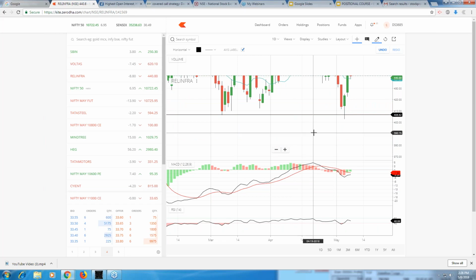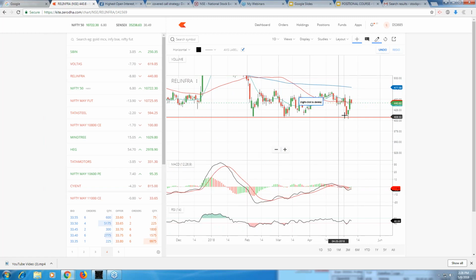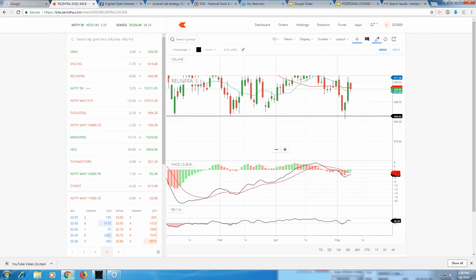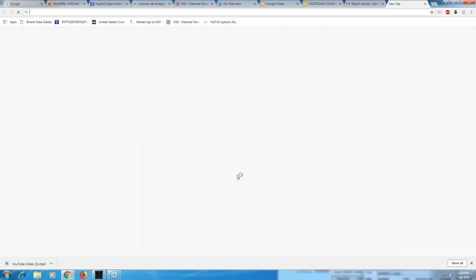The moment the stock comes to this point, you can see a huge sharp buying has come. So from 406, the stock in 2 days went to 455. It's a huge movement. If you want to see what the lot size of Reliance Infra is, I can show you.